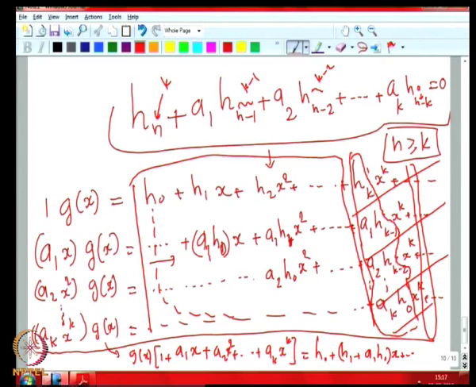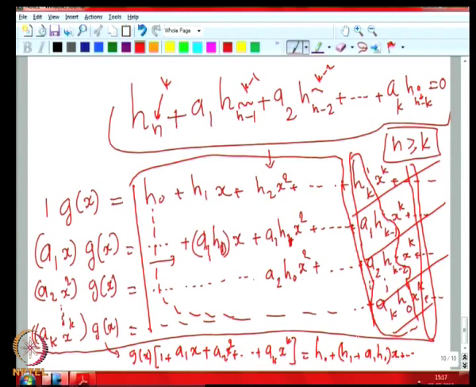And finally, just before, the coefficient of x raised to k minus 1 is h k minus 1 plus a1 times h k minus 2 plus a2 times h k minus 3 and so on.